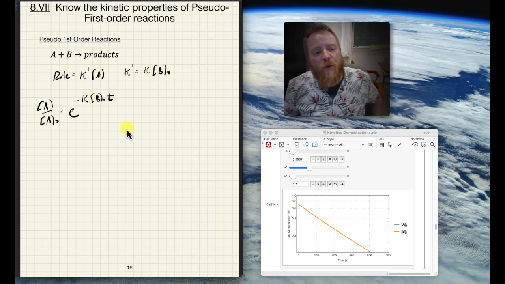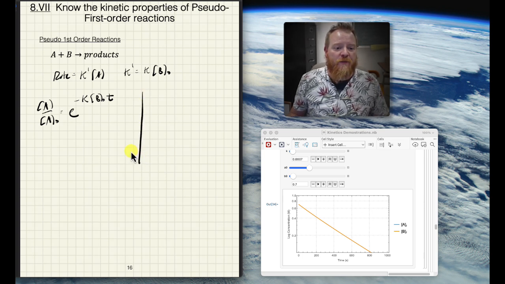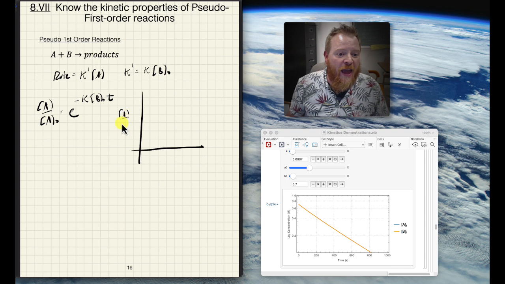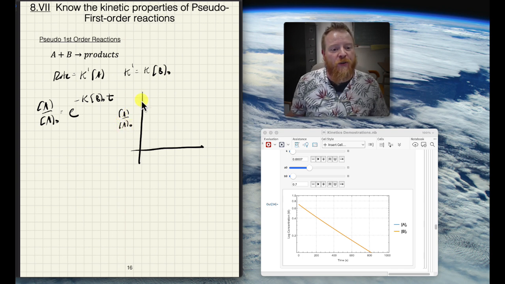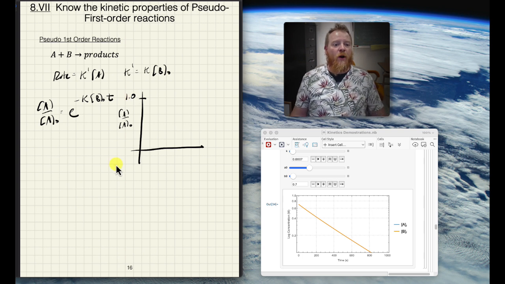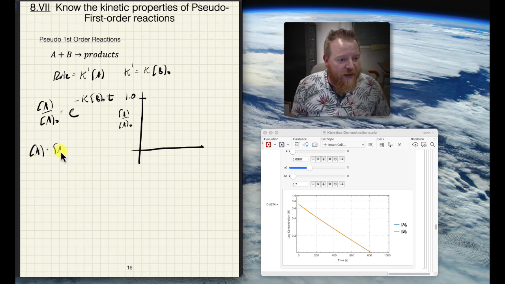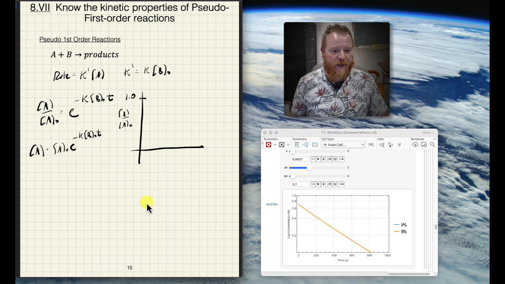If we were to make a graph of this, there are several ways we could graph it. We could graph A over A initial, and that very first data point at t equals 0 would be 1.0. Or I could rearrange this equation to be A equals A initial e to the negative k B initial times t.